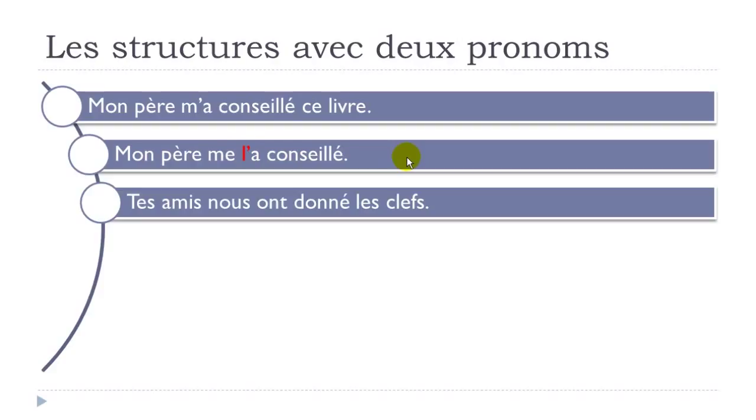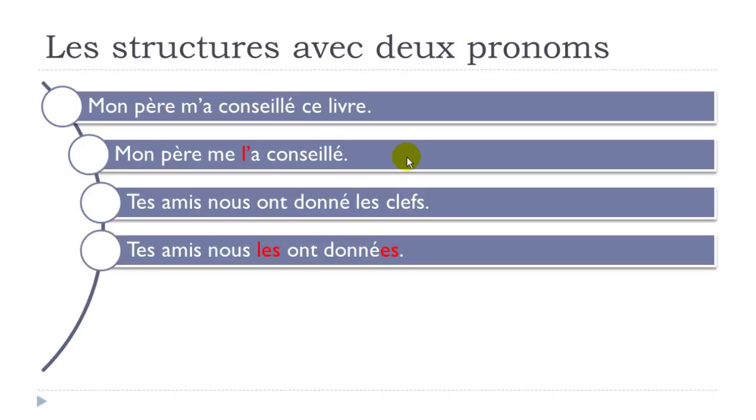All right? Then, tes amis nous ont donné les clés. So exactly the same sentence that we had previously in the present form, but in that case it's the passé composé form, okay? Tes amis nous les ont donné. Same rule, first nous, then les, and then after that you put the verb. You can see that I've been putting in red the ending just to remind you that we've got a rule in French.